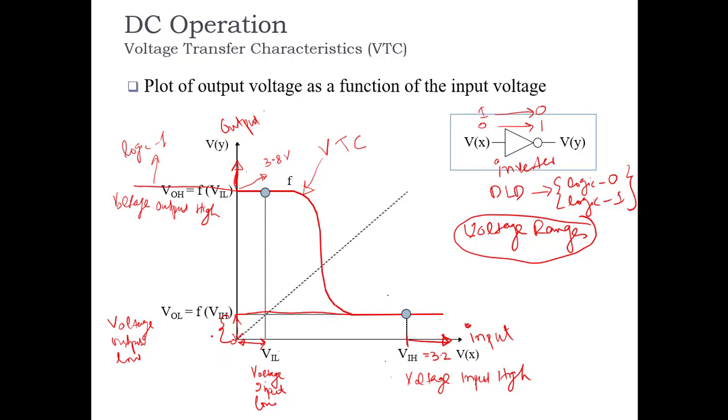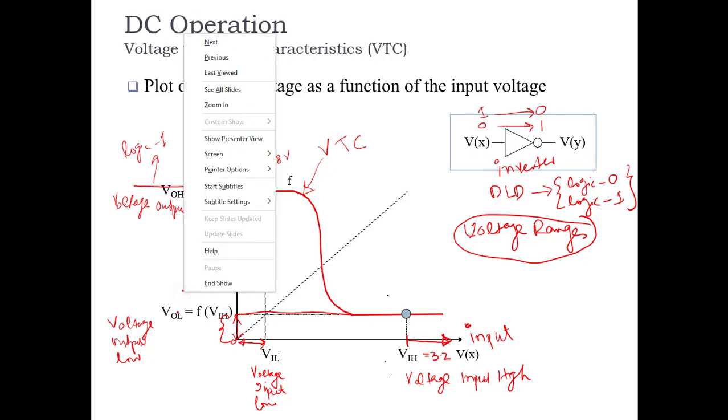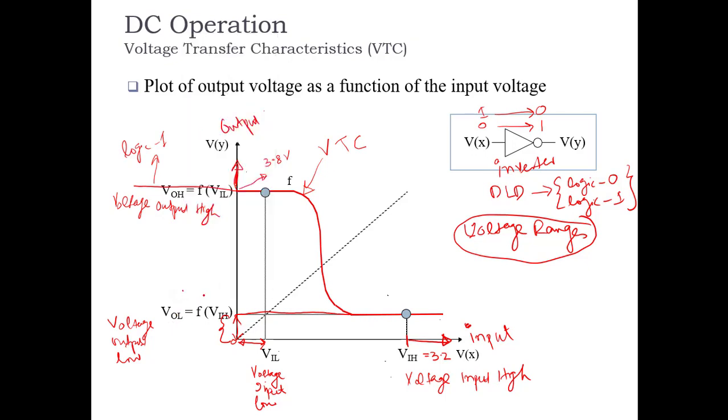If VIL was 1.8 volts, this may be, for example, 1.6 volts or something.